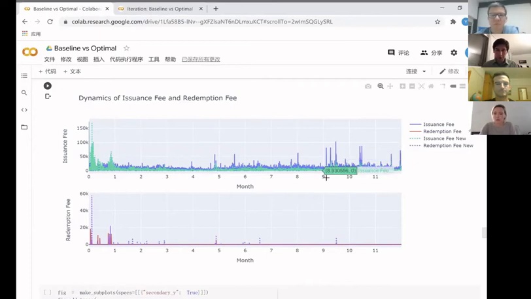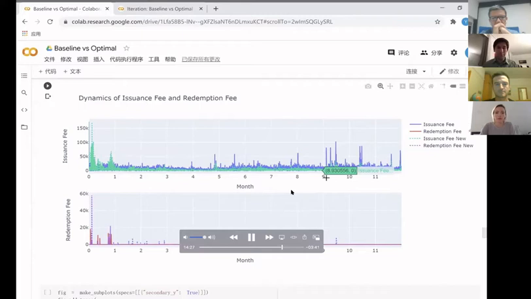So it means a higher base rate leads to higher issuance fee, which leads to higher LQTY token price and higher airdrop gain, and higher return in the stability pool and larger stability pool size.